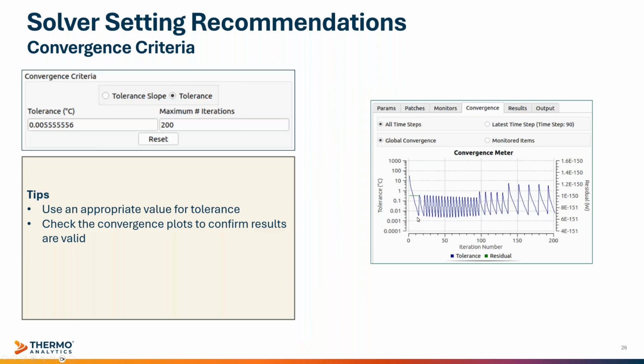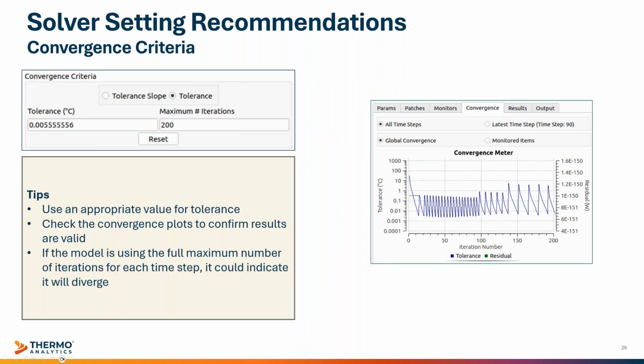Once we reach that, it's moving on to the next time step, so it might jump up again, and then it'll go down until that time step converges. So this is generally what the convergence plot is going to look like. This would indicate to us that the model is not running too many iterations for each time step and is converging well.